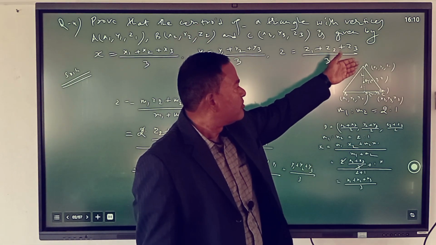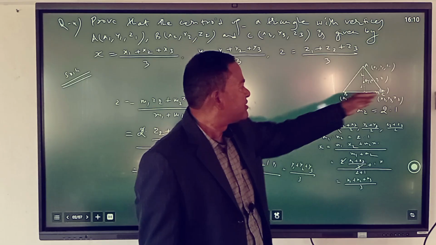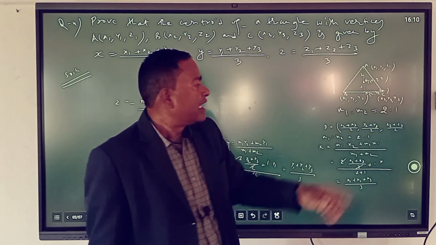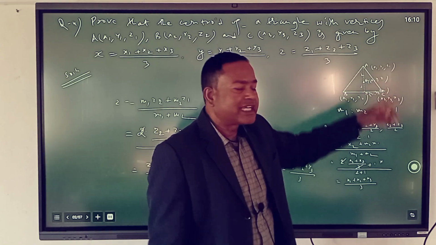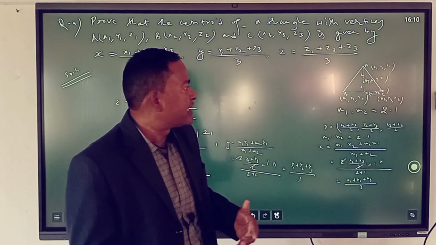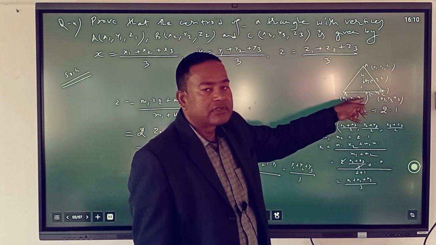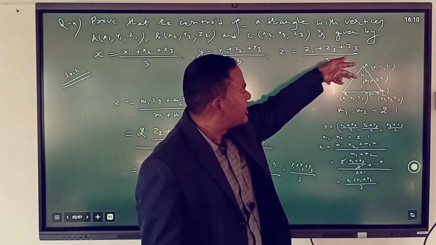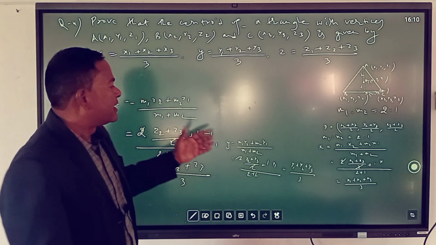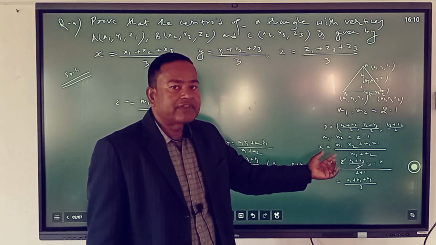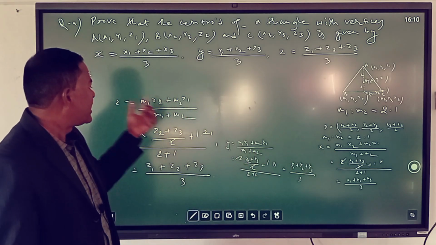Then we draw a median AD to meet BC at the point D, and we take the centroid G as x, y, z, and we know that the centroid of a triangle divides the median in the ratio of 2 is to 1. So by using the section formula, we can easily get the values of x, y and z.